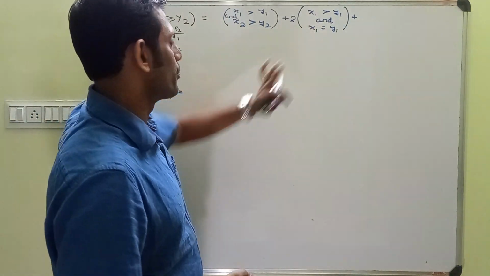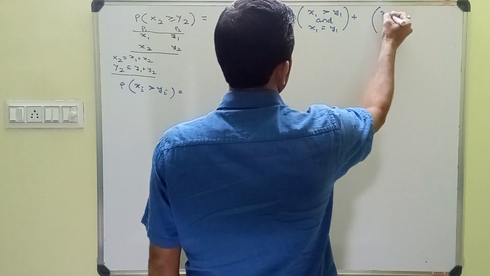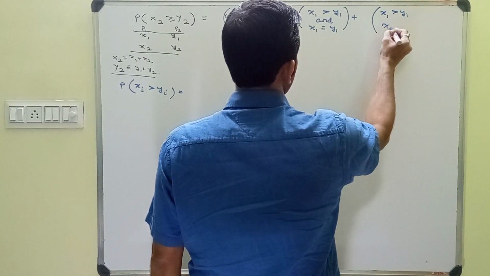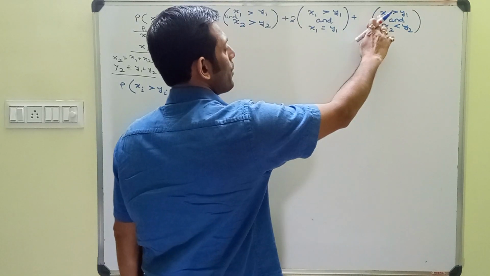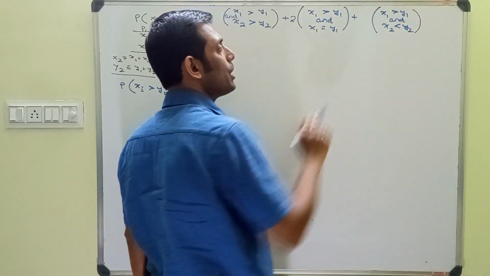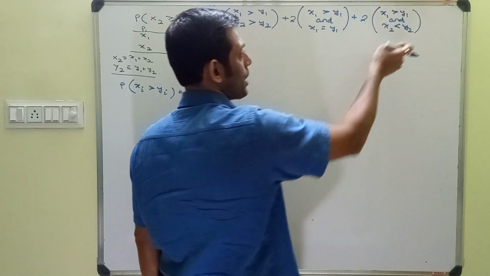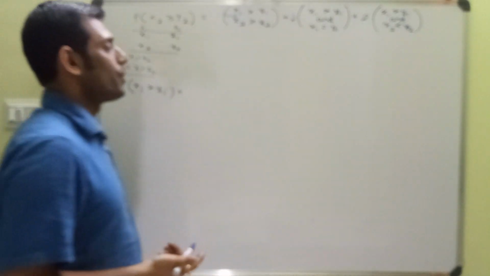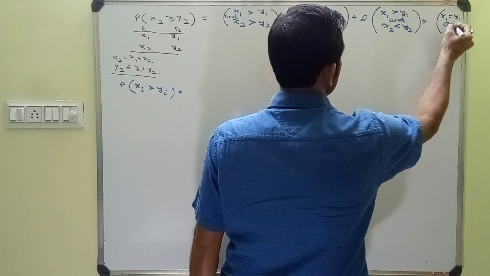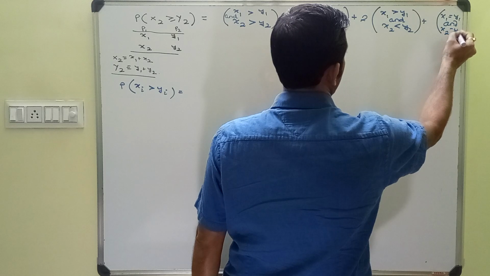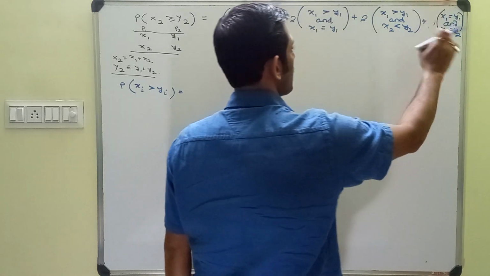Greater cases, finished. Now equal to cases can be of how many types? Equal to cases can be like this, X1 greater than Y1 but X2 less than Y2. See the scores here. 5-0-0-5 brings it to equal score for both of them, but this can happen in 2 ways, this happening first or this happening first. There is one more possibility where each of them gets the same scores, and this can happen in only one way.